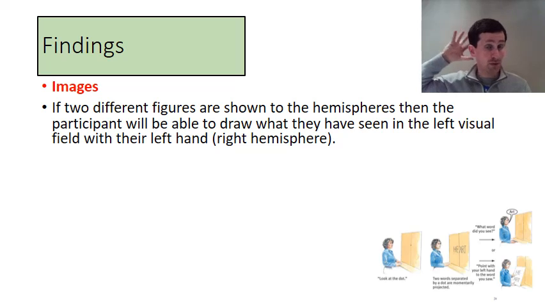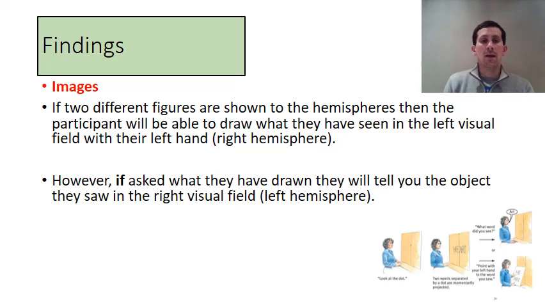Remember, the right hemisphere is in charge of creativity, so it's able to draw it quite easily. However, if they then ask them what they'd drawn, the person would say cat, because that's the image they saw on their right visual field. And their language centre in their left hemisphere would give out the word cat, because it's the word they're able to verbalise.